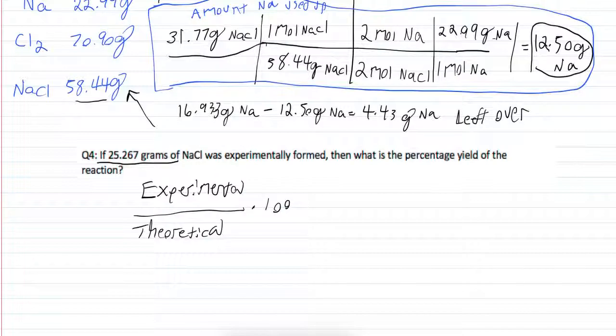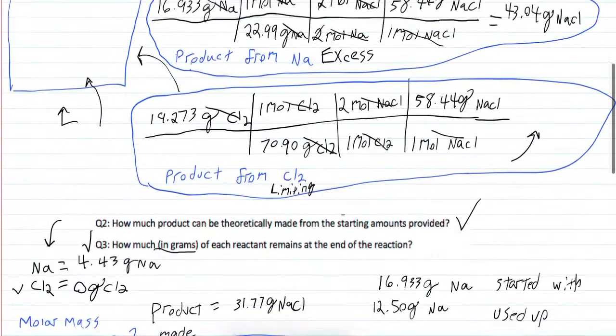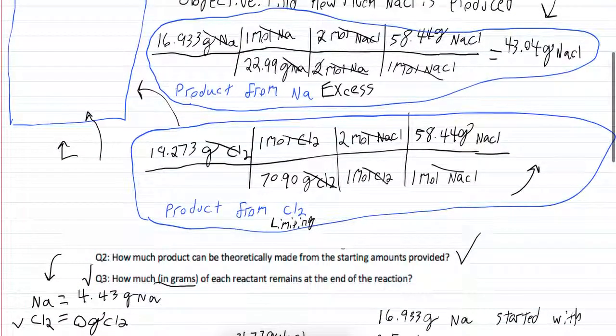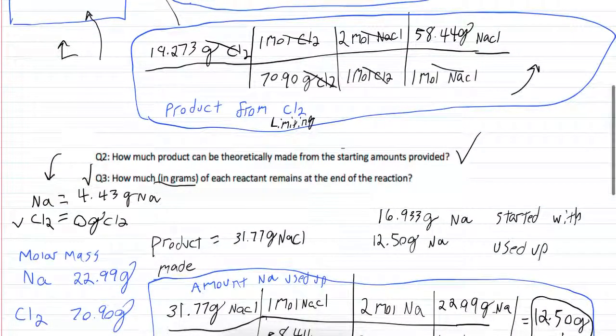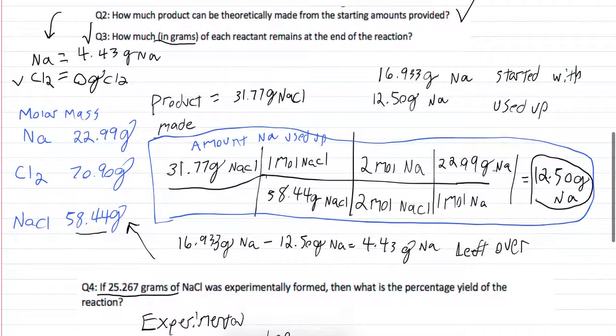So we have our experimental amount that we went to the lab, we weighed it out, and we found it was 25.267 grams of NaCl. Let's scroll back up and let's see.